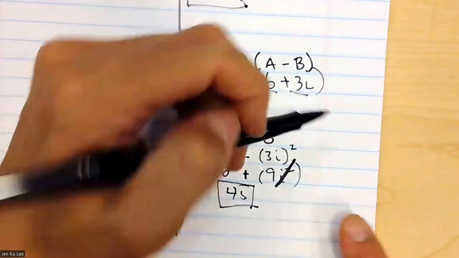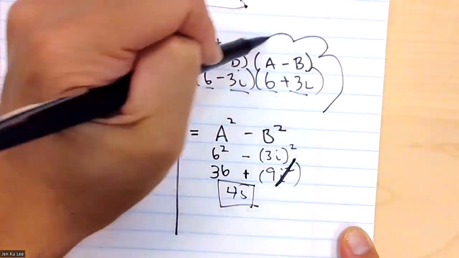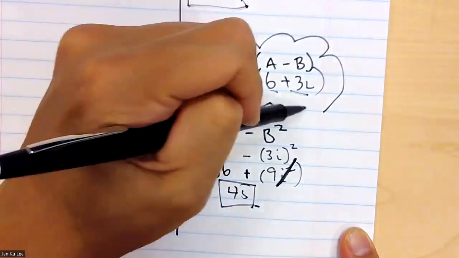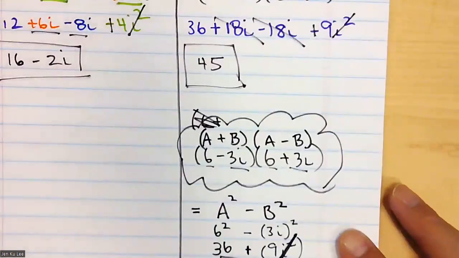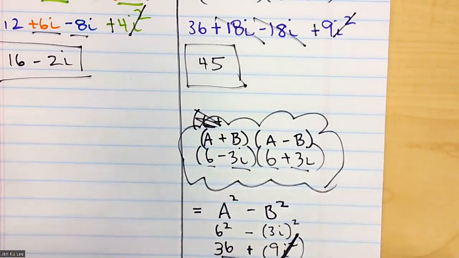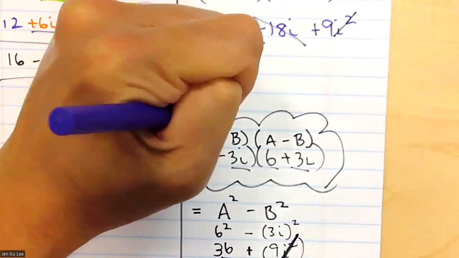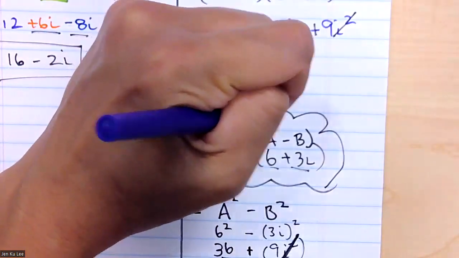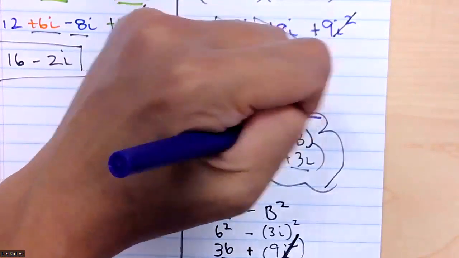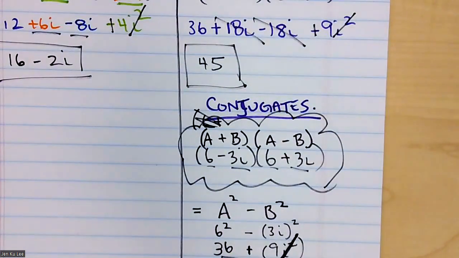This here are what we call conjugates. And we're going to use that next time to rationalize my denominator. That is the first part of 1.6 on complex numbers, and I'll see you on the next video.